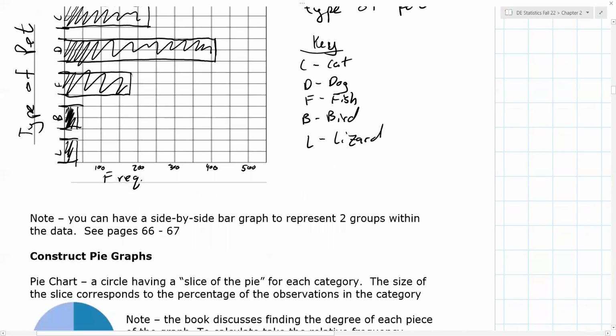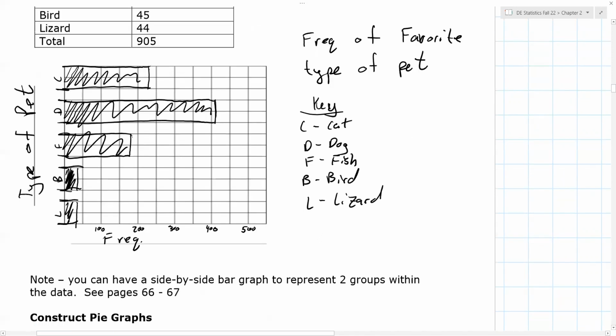You'll see side-by-side bar graphs also for a comparison tool. Typically, those are dealing with two different populations, or sometimes they deal with two different dates. We don't see those a lot, but if it was dealing with favorite pets, maybe you would see a side-by-side bar graph where they would have data from 2000 and they'd make a bar graph of everyone's favorite pet from 2000 and they'd make those bars blue.